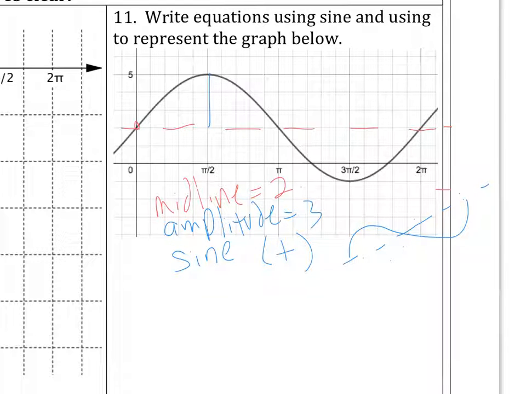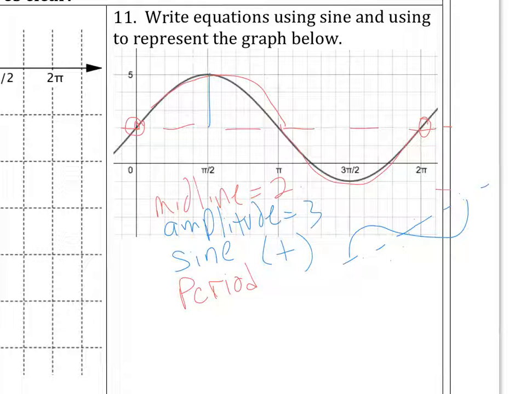The negative version would have been going down first and then up. So we've got sine, we've got amplitude, we've got midline. The period here, I know I advise you guys to try to do top to top. We can't. So I'm going to do going up. There's 1 half period. There's 2 half periods. That's where my next period begins, because that's 1 full cycle of this graph.